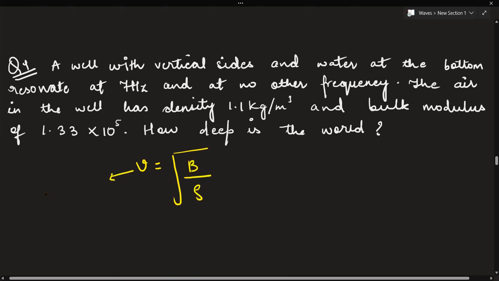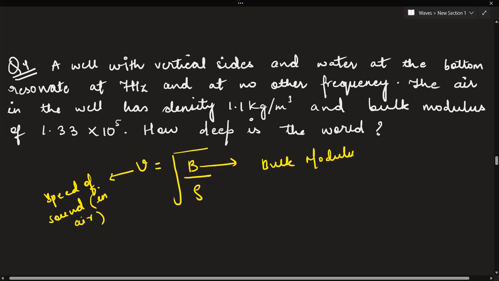Here v is the speed of sound in air or whatever medium, B is the bulk modulus and rho is the density.